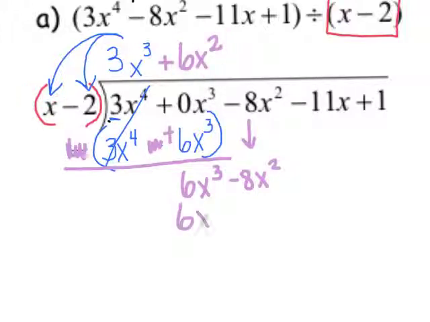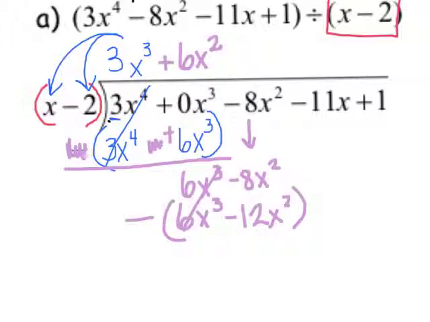Again, I chose that so that those two things would be exactly the same. 6x squared times negative 2 is negative 12x squared. Parenthesize, subtract. So 6x cubed minus 6x cubed goes away. That's supposed to happen.